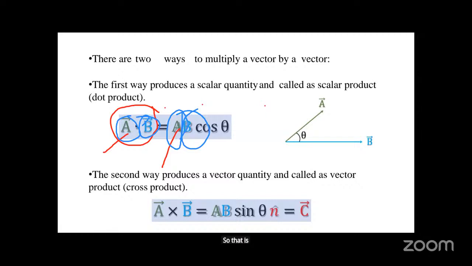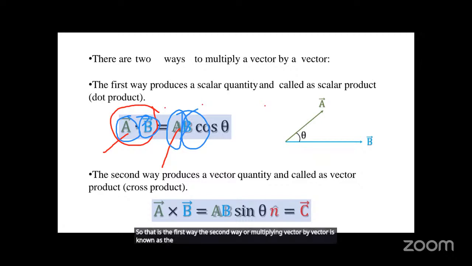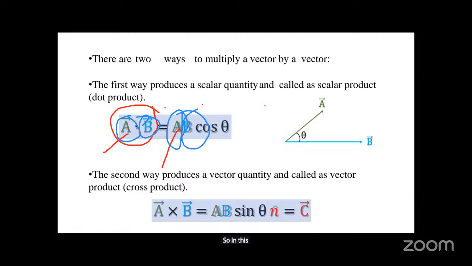The second way of multiplying a vector by a vector is known as the vector product or cross product. In this case, we have A cross B is equal to AB sine theta times a unit vector. Now, you notice that there is a unit vector here.